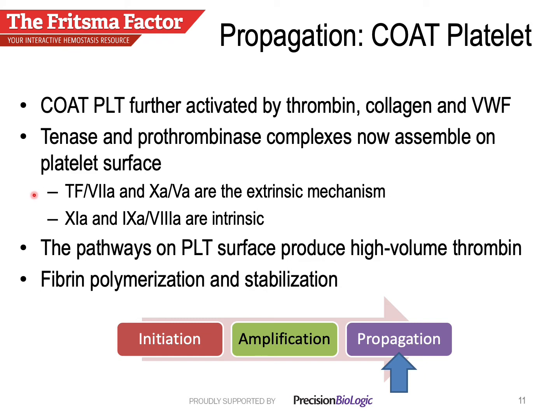Tissue factor 7A and the 10A5A are considered the extrinsic mechanism, whereas 9A and the 9A8A complex are intrinsic. 10A5A is known as the prothrombinase complex, 9A8A as the tenase complex. The pathways on the platelet surface produce high-volume thrombin, which cleaves fibrinogen to fibrin and accomplishes fibrin polymerization and stabilization.